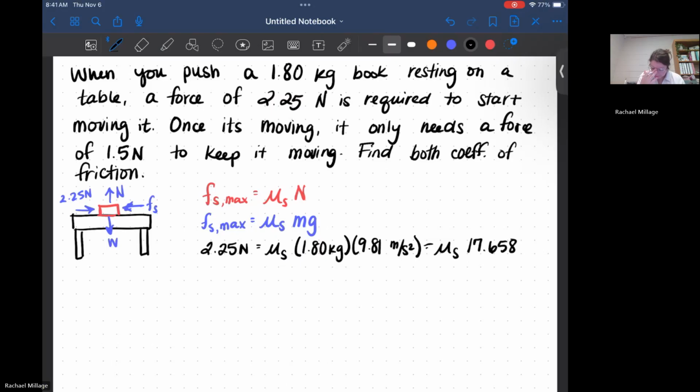17.658. Now, to get mu sub s all by itself on this side of the equation, all I have to do is divide both sides by 17.658. And then the kilograms meter per second squared is newtons.